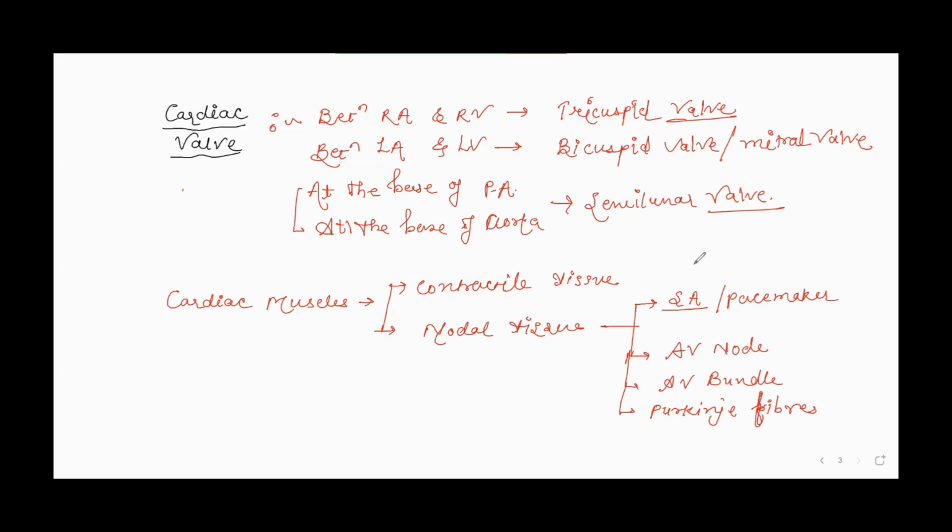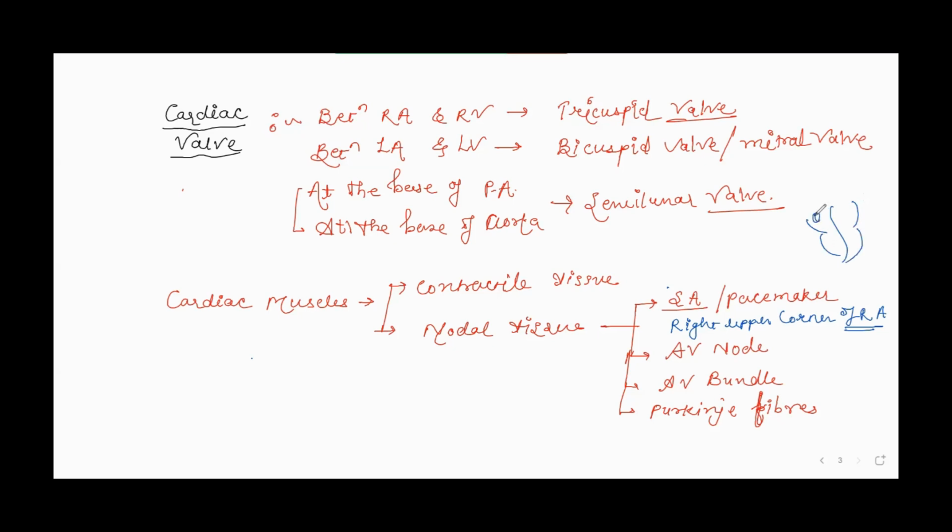Where is this SA node present? At the right upper corner of the right atrium, you can observe the SA node, right? Similarly, suppose this is the diagrammatic representation.